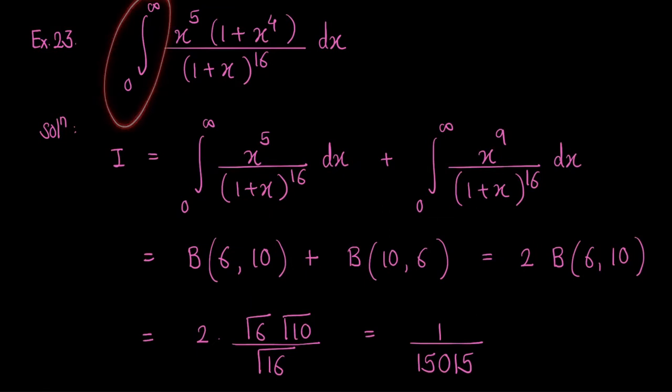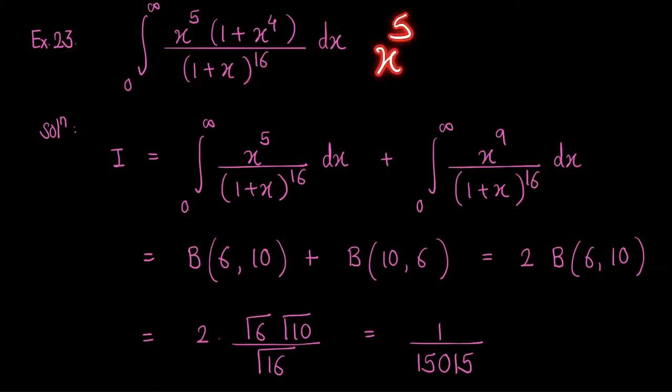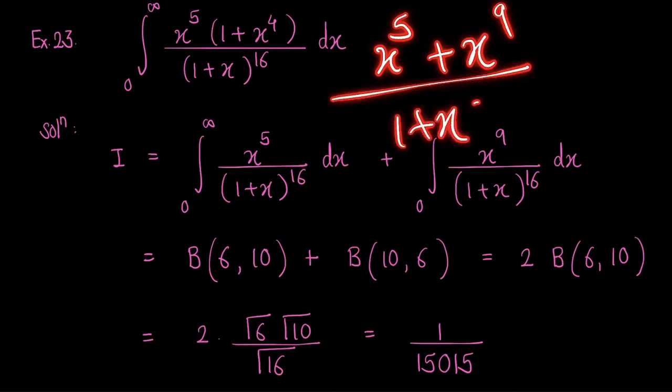Now the next example is integration 0 to infinity x raised to 5 into (1 plus x raised to 4) upon (1 plus x raised to 16). So we can write this as x raised to 5 plus x raised to 9 upon 1 plus x raised to 16.